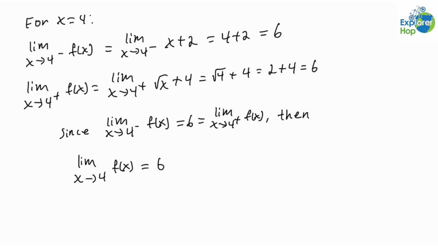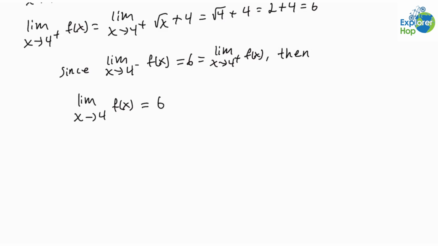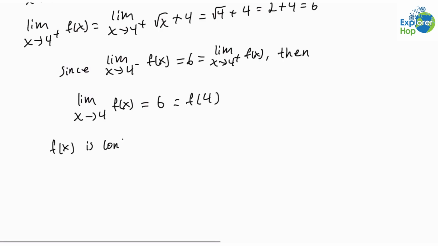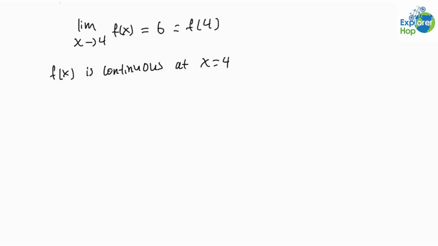Since both of the one-sided limits are equal to 6, and f of 4 is also equal to 6, the limit as x approaches 4 in f of x is also equal to f of 4. So this means that f of x is continuous at x equals 4. So therefore, f of x is continuous at all values of x in its domain except at x equals negative 1.